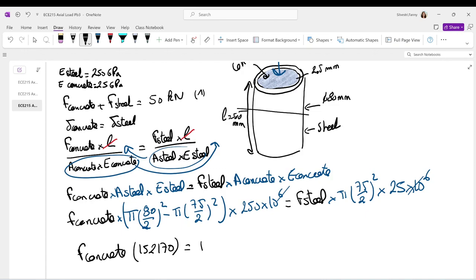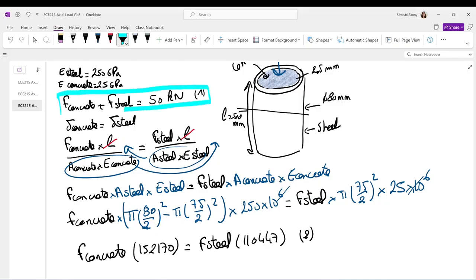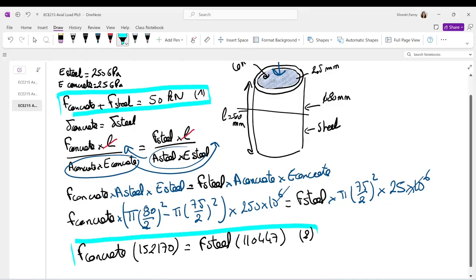And I have equal F of the steel times 110,447. Okay, this is my equation number two. I may have kept the 10^6, that's okay. I have this equation and these equations.